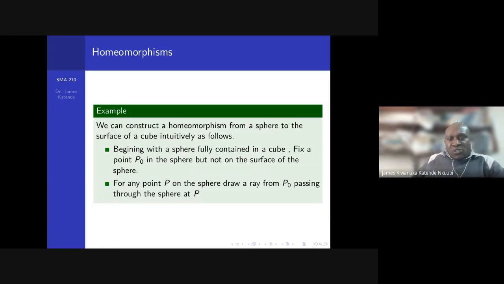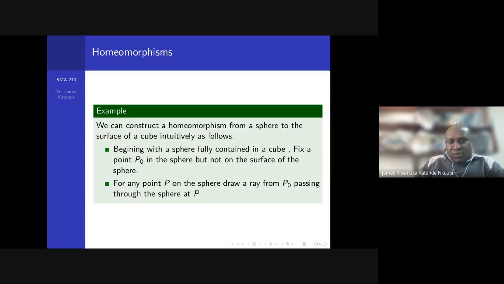So we can also construct a homeomorphism from a sphere to the surface of a cube in the following steps. We first of all take a sphere and put it inside the cube, so it's wholly sitting inside the cube, and pick P0 to be a point inside the sphere, but it should not be on the surface of the sphere.